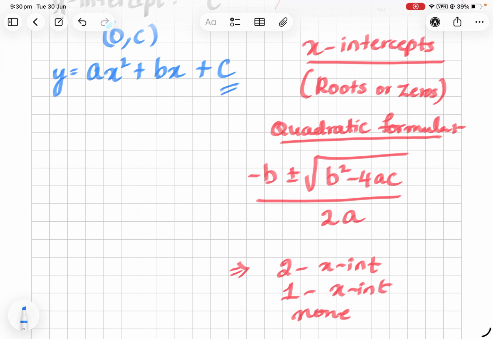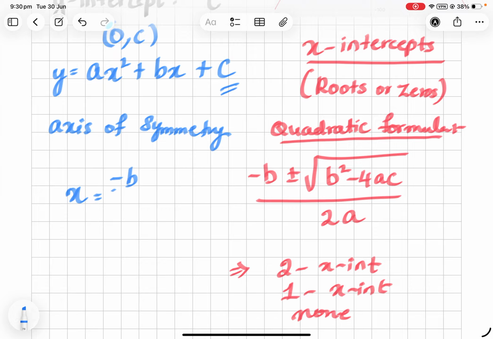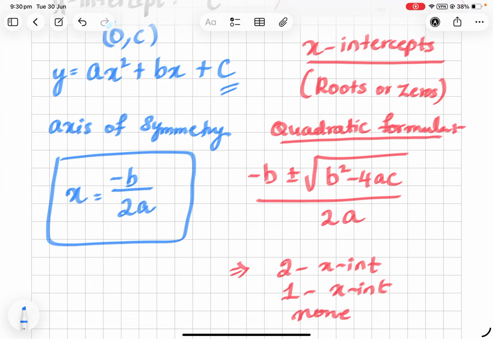The other thing that I want to talk about is the axis of symmetry. The equation would simply be x equals something, because it is a line parallel to the y-axis. So it is going to be x equals minus b over 2a. That is the equation for the axis of symmetry.